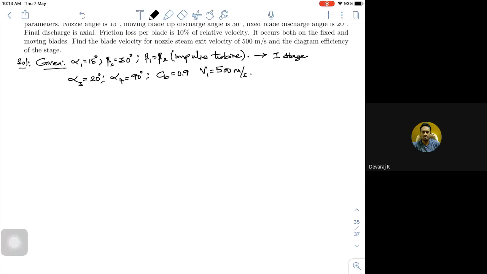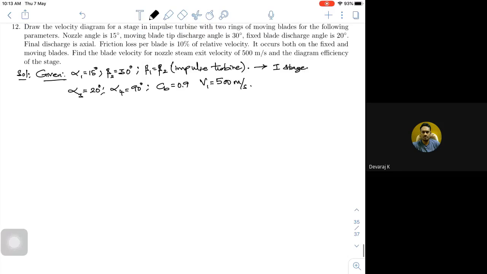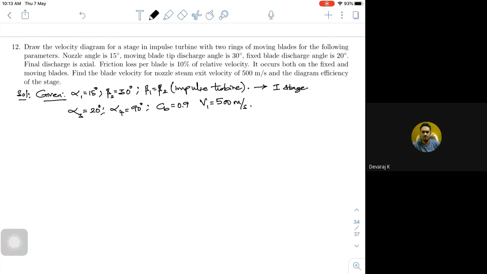So let's first do it theoretically. We need to find what is U, the velocity with which it is rotating. What they have given is only V1, and the corresponding alpha 1, and beta 1, beta 2. From these we need to find it.